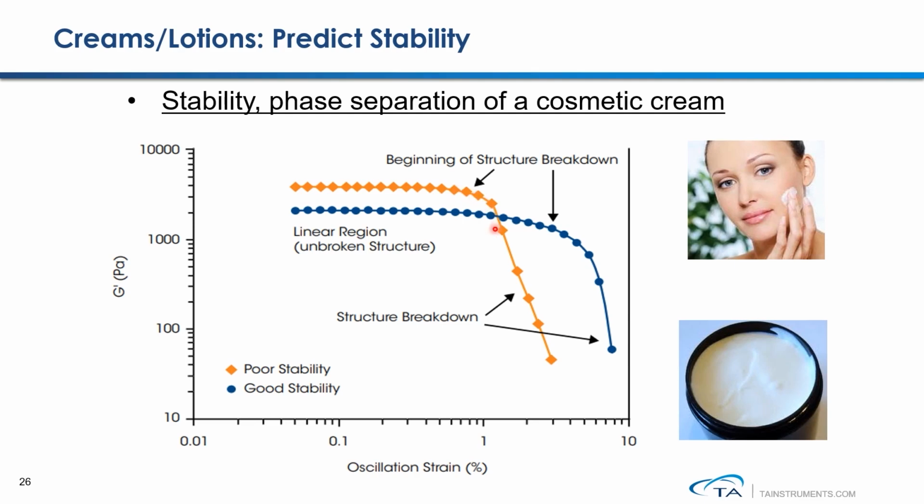When the oscillation strain is greater than about 1%, the modulus of this formulation decreases significantly, which means the structure of this formulation is breaking down. So from these results, you can potentially predict that the yellow formulation, even though the gel is slightly firmer, shows poor stability against any vibration.